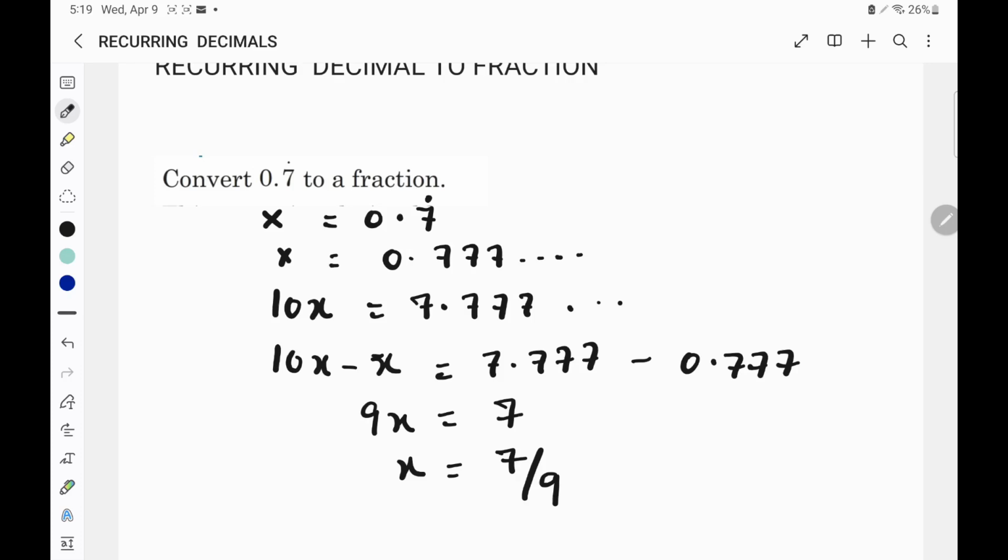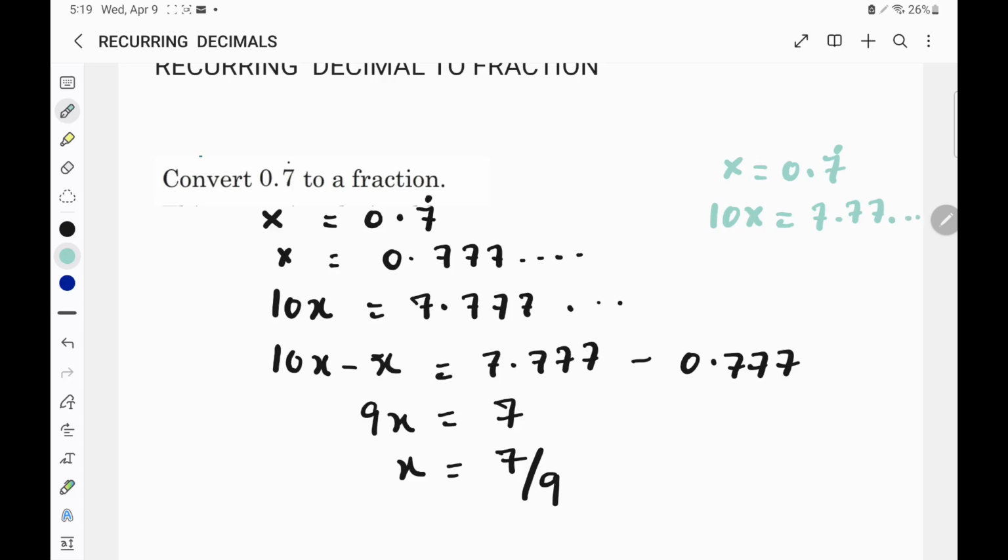All right. You can also do this question in a very simple way. Let x equal 0.7 recurring. In the next steps, I'll not follow so many steps; I'll tell you the quick and easy way. It is just one decimal place, so you write down 10x equals 7.77 and goes on.